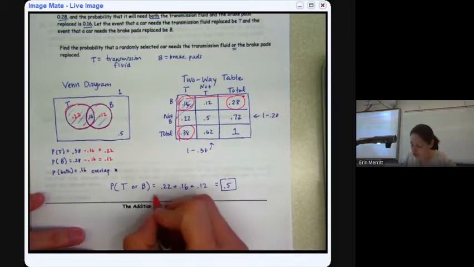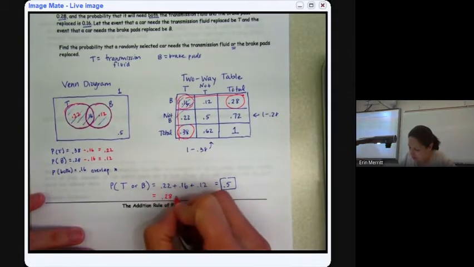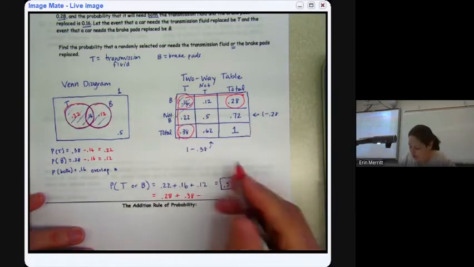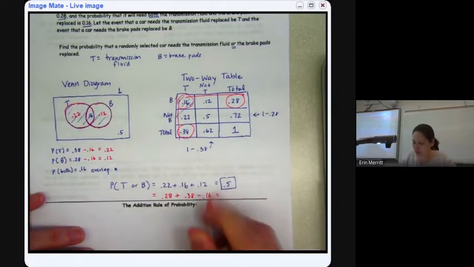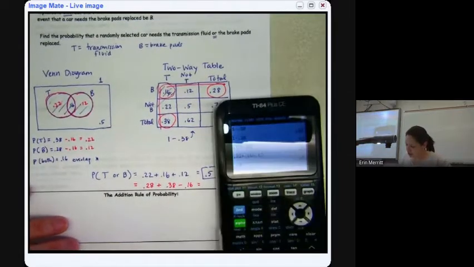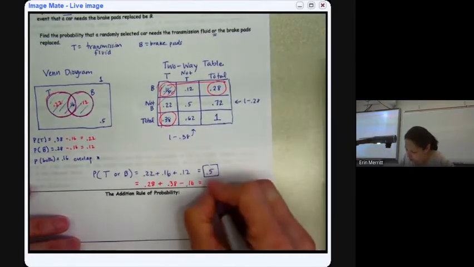So the other way to show this would be to add up the 0.28 plus the 0.38 and then subtract out the 0.16 that got counted in both of those totals. So 0.28 plus 0.38 minus 0.16 also gives me 0.5. I know there's a bit of glare there, but hopefully you can see it.